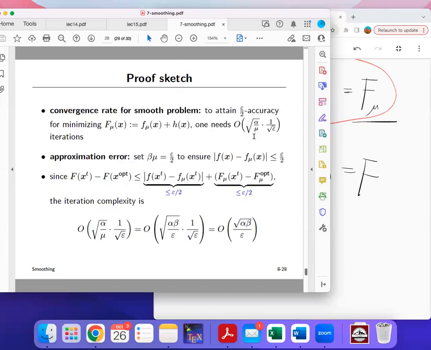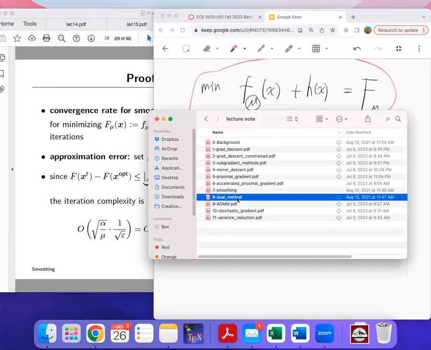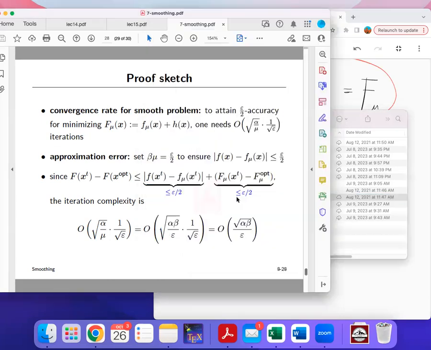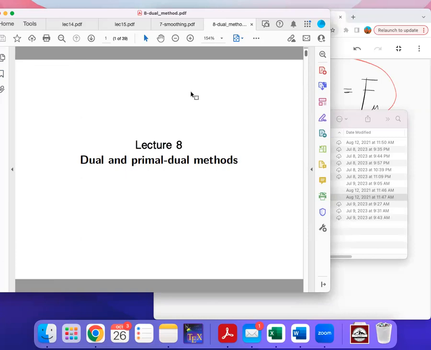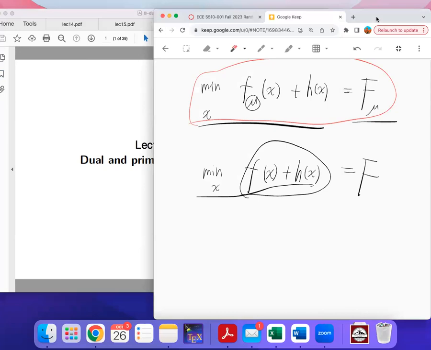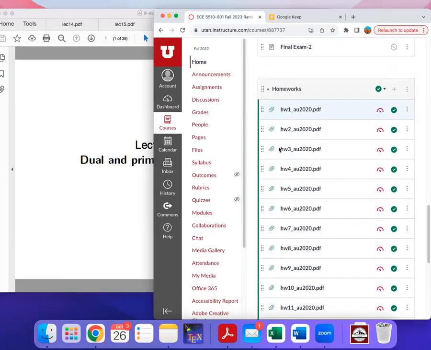Okay, and this is everything about lecture 7, the smoothing technique. And I think we do not have a homework for lecture 7, so you can spend more time on the previous homeworks.